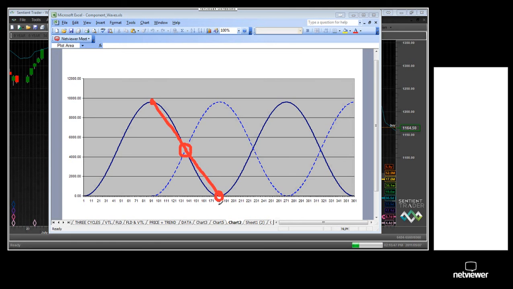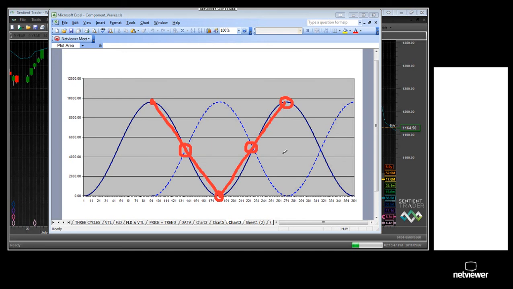So when price crosses an FLD, as has happened over there, then you can generate a projection target for the next trough. Or, in this case, here, price is crossing the FLD, you can generate a projection for the next peak.